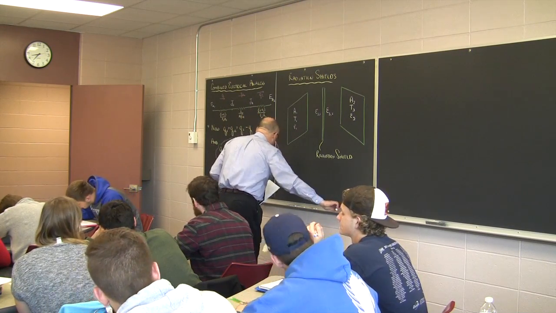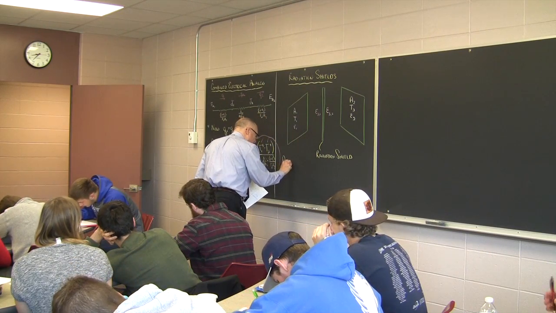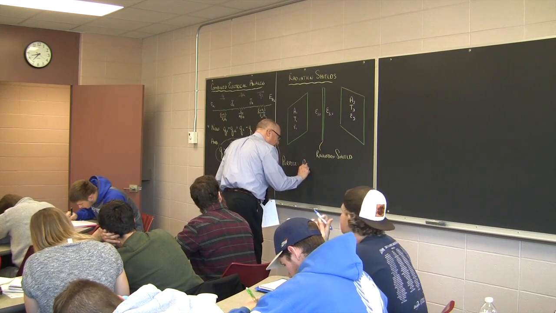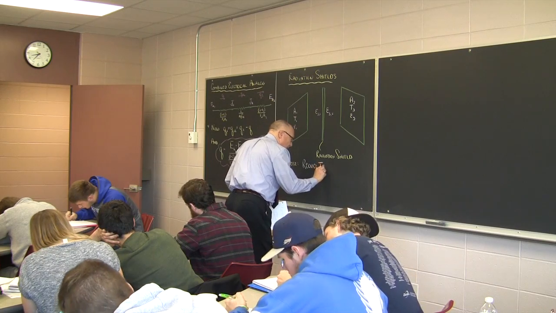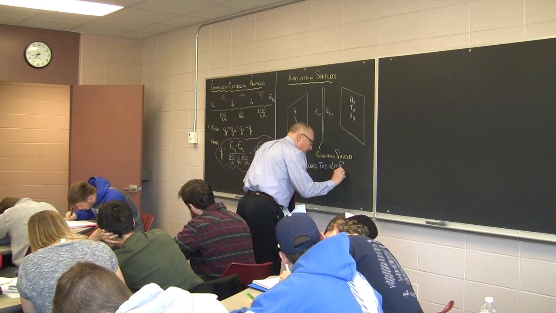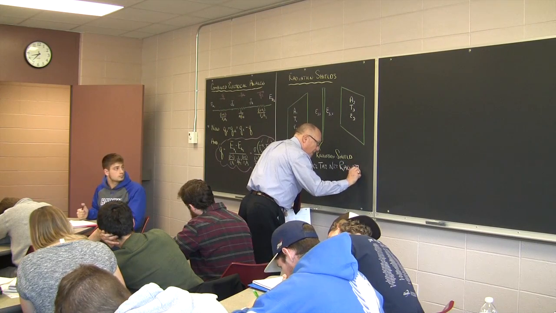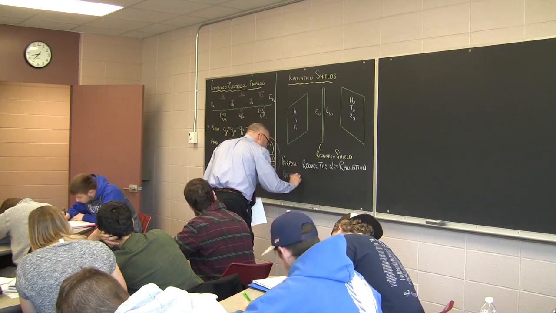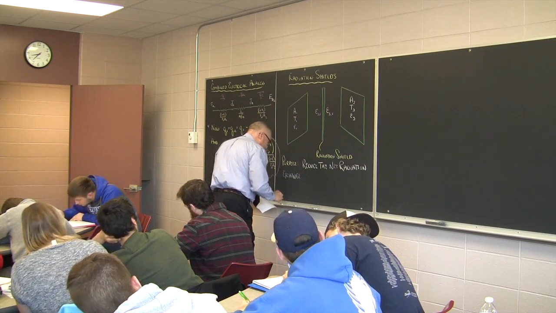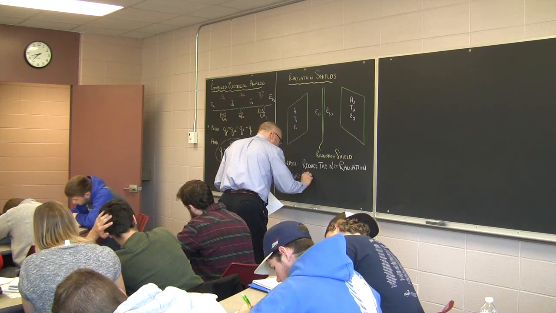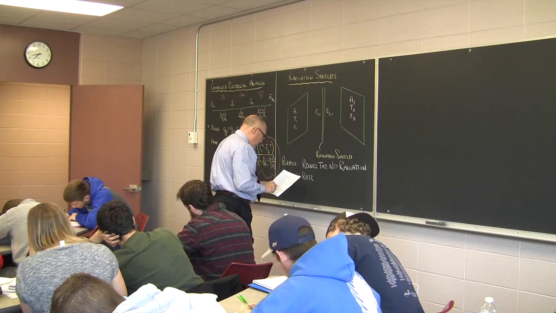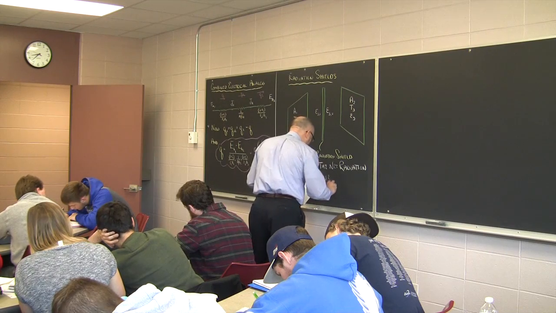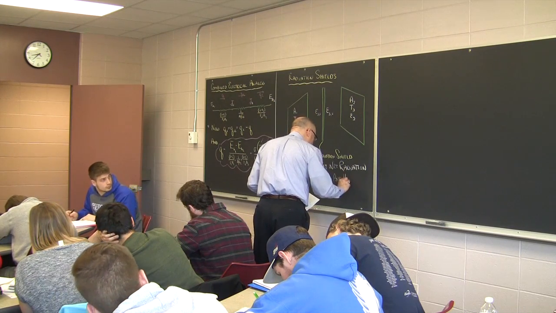The purpose is simply to reduce the net radiation exchange rate between surface A1 and A2, and we're going to try to do that by having a low emissivity and a high reflectivity.